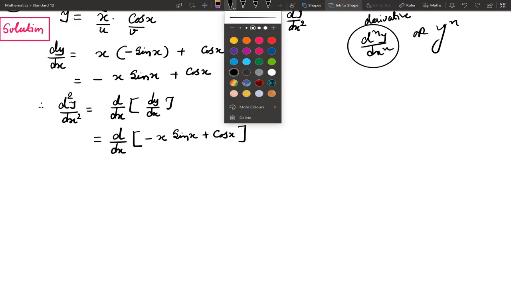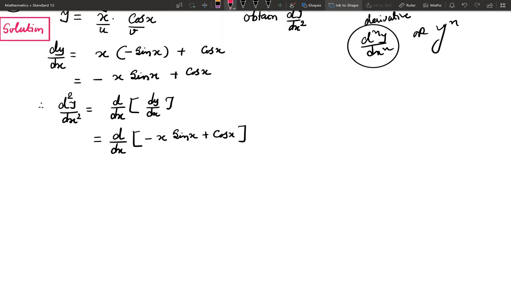Now when we differentiate first term, we have to use u into v form, u into derivative of v plus v into derivative of u, but you remember that outside we have minus sign. So x, derivative of sin x, cos x, now sin x as it is, derivative of x with respect to x 1.